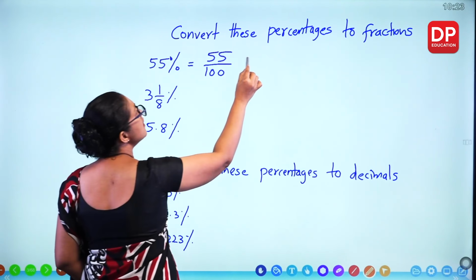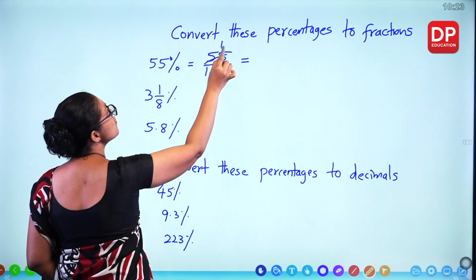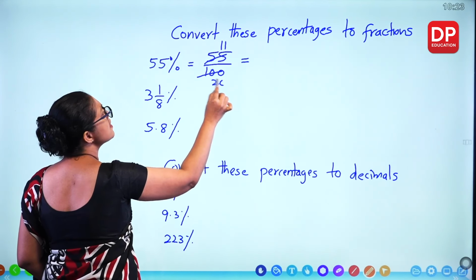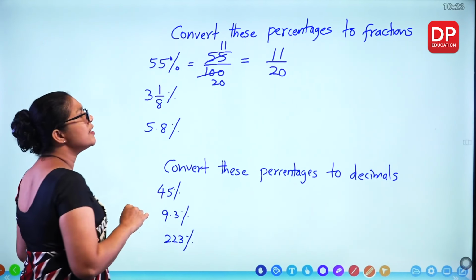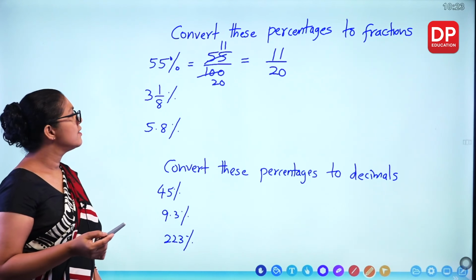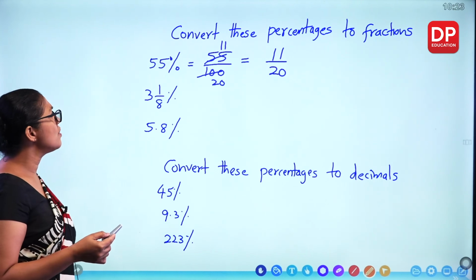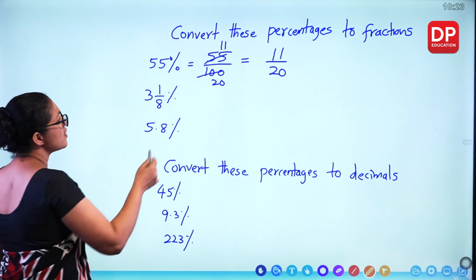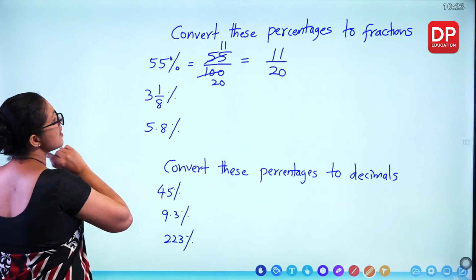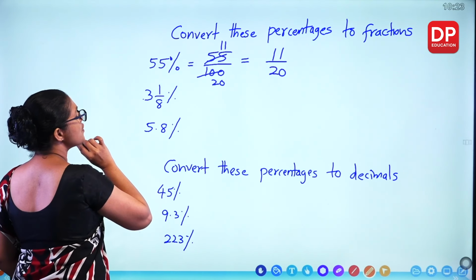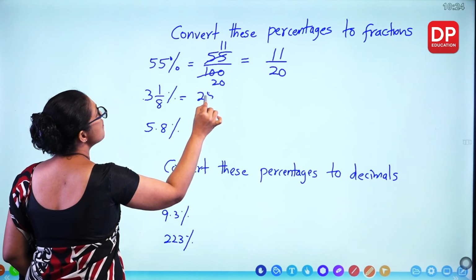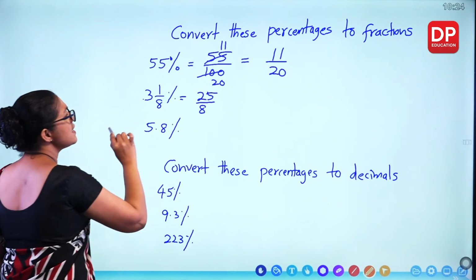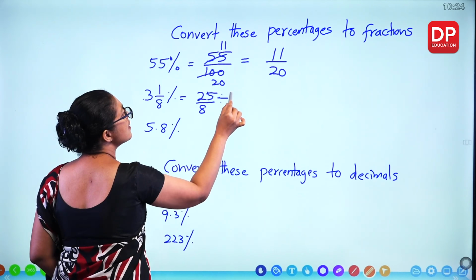Now you can simplify 5 times 11 and 5 times 20. So what's the fraction? 11 over 20. This one, 3 1/8, you can convert to an improper fraction. So what's the answer? 8 times 3 is 24, 24 plus 1 is 25. 25 over 8 divide by 100.